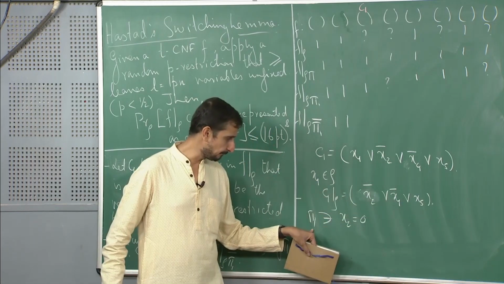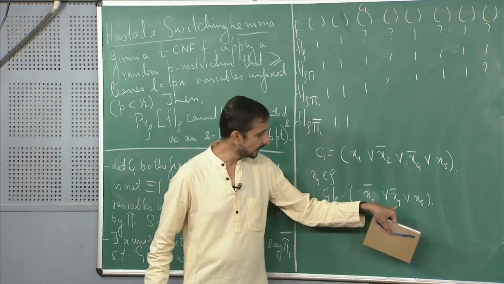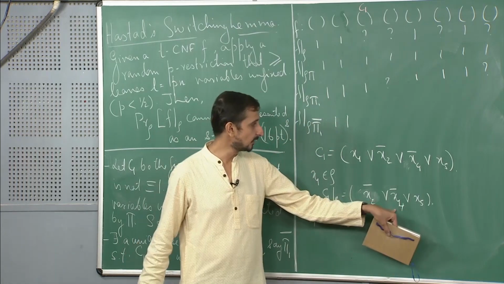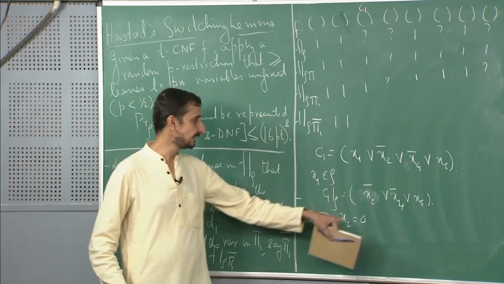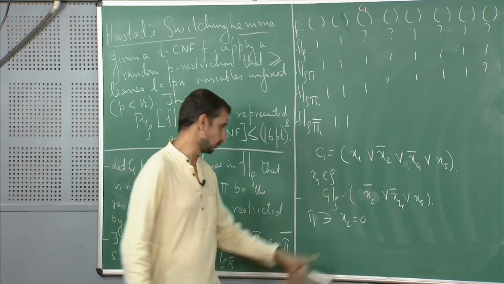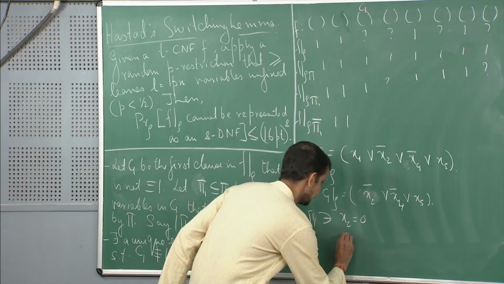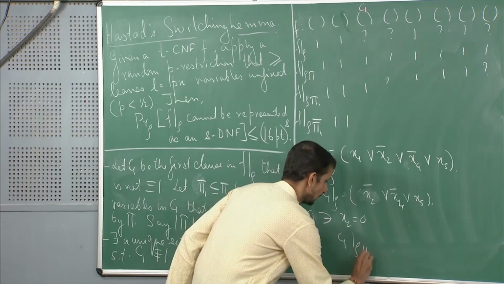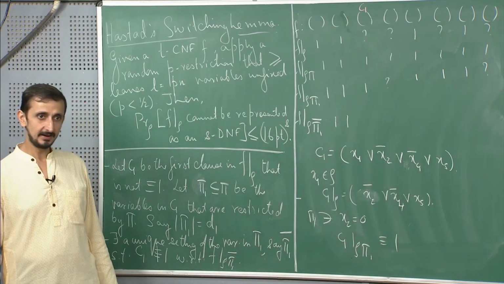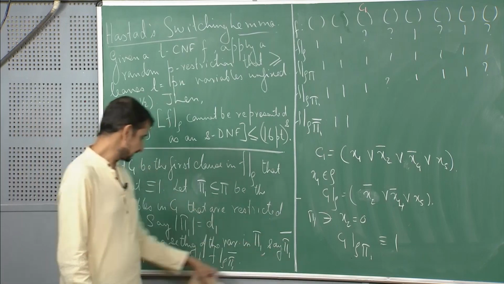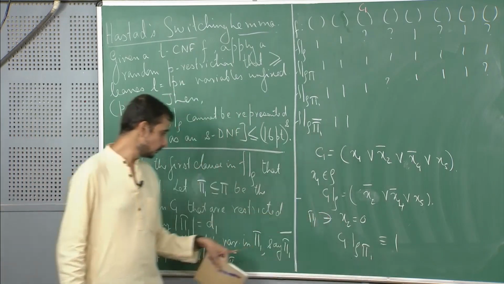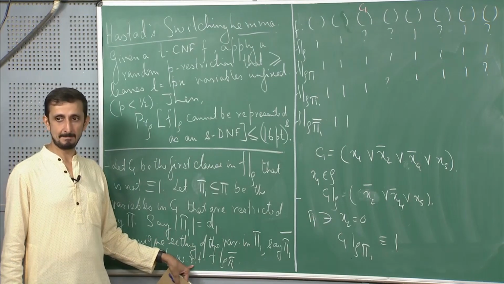Suppose pi 1 does not even set x4 and x5. Even then this clause gets set to 1. So, with this setting C1 restricted to rho pi 1 is identically 1. Now, what I am doing is setting only the variable x2 in pi 1 bar.